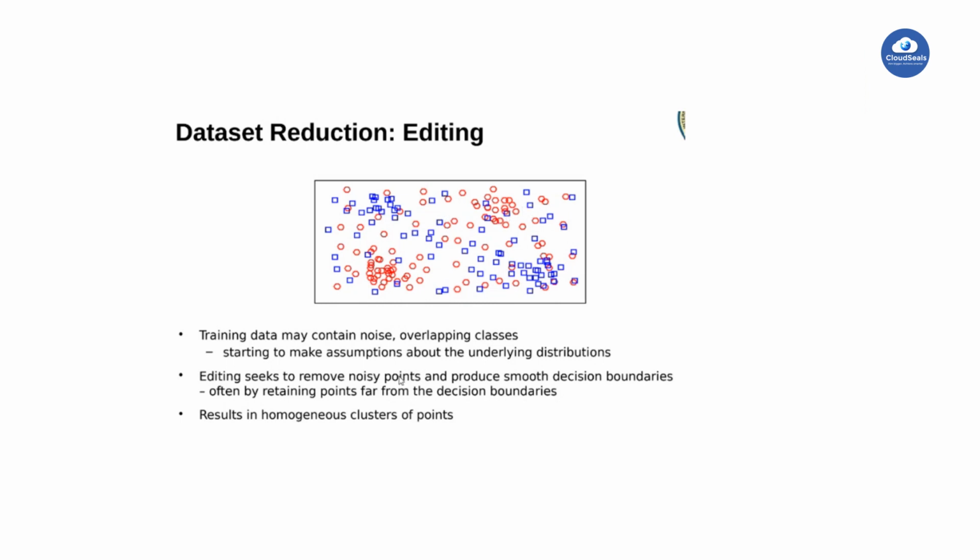So we remove some noise points to produce smooth decision boundaries like this one and like this one. If we draw one decision boundary by removing these blue points, we will get good data.